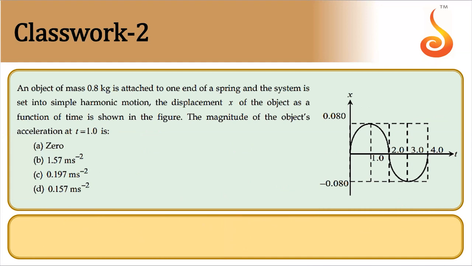An object of mass 0.8 kg is attached to one end of a spring and system is set into simple harmonic motion. The displacement x of object as a function of time is shown in the figure. Magnitude of object's acceleration at t is equal to 1 second is.